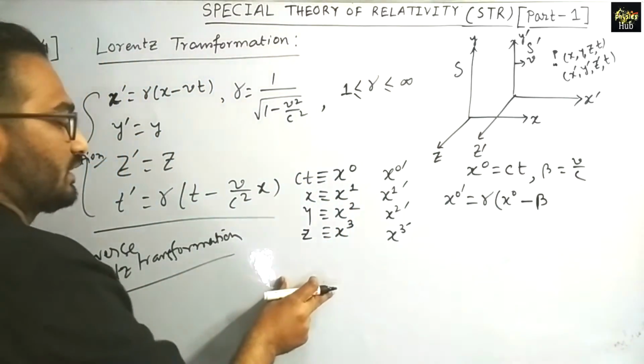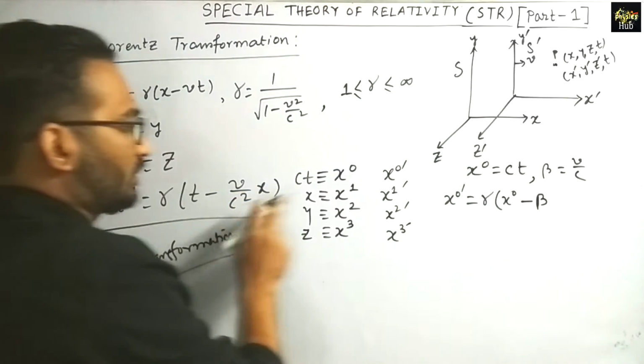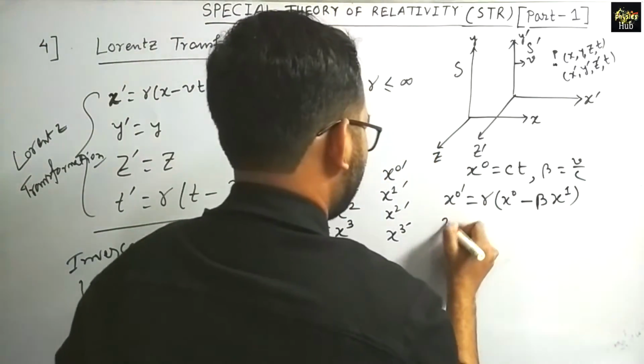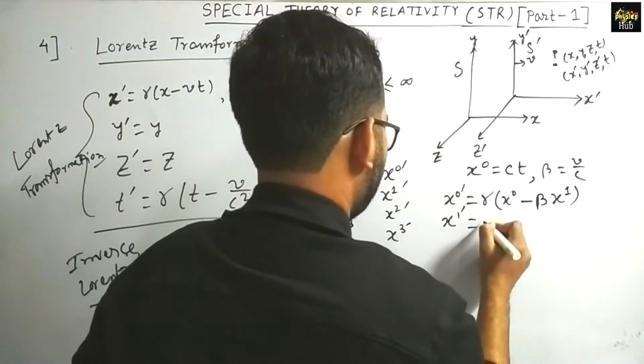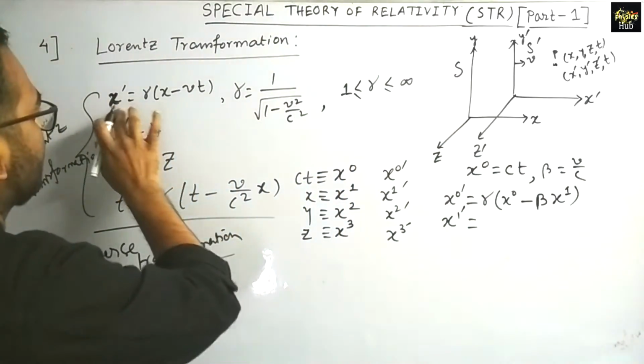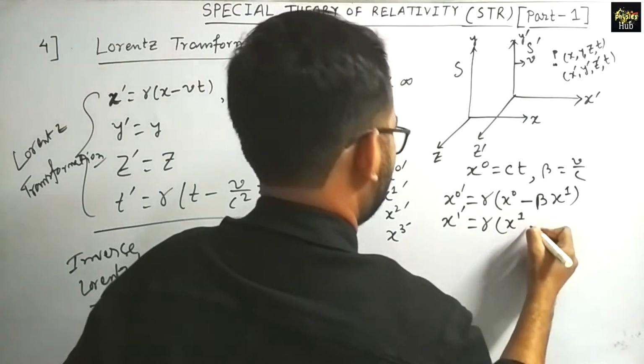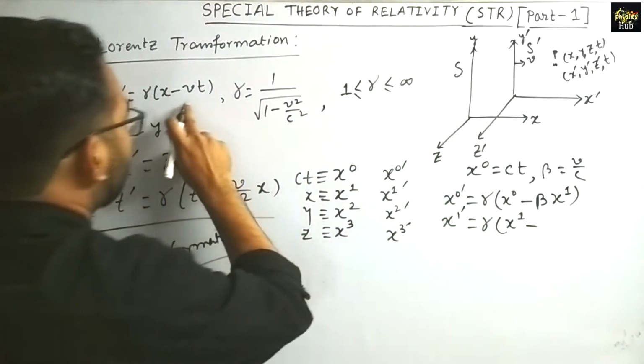Now you can understand easily. So in place of x we write x1: beta x1. And x1 prime is gamma into (x1 minus v t).